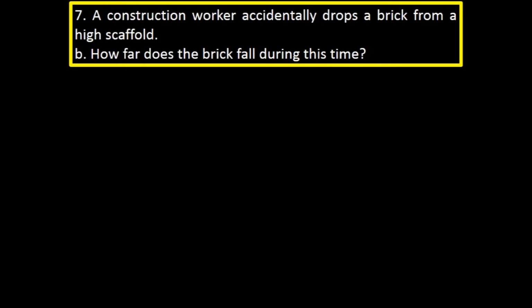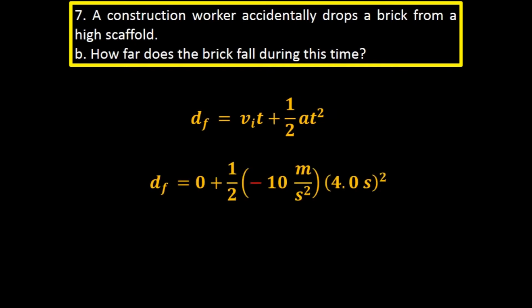A construction worker accidentally drops a brick from a high scaffold. How far does the brick fall during this time? Again, you're using opposite, but if you don't describe the motion, describe your answer, you could be wrong. What you're actually calculating using the math is the scalar quantity, and then you're assigning it direction to make it a velocity.